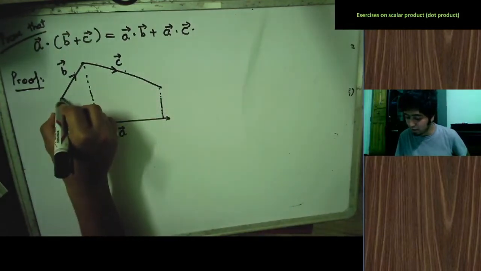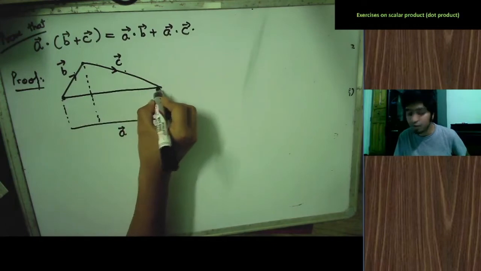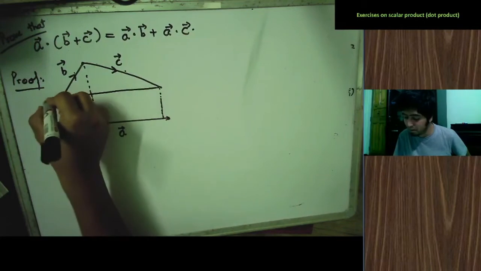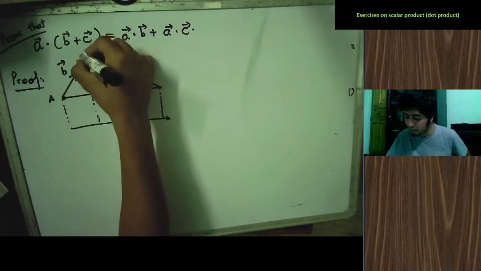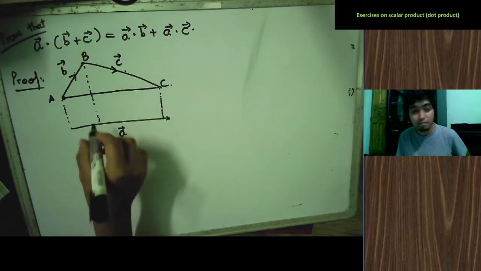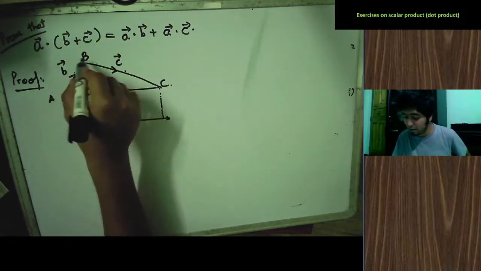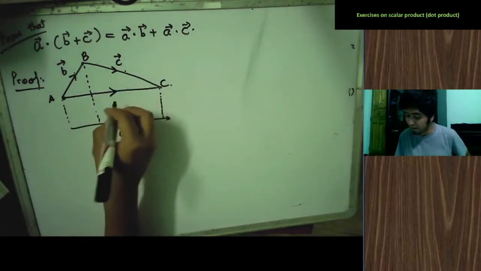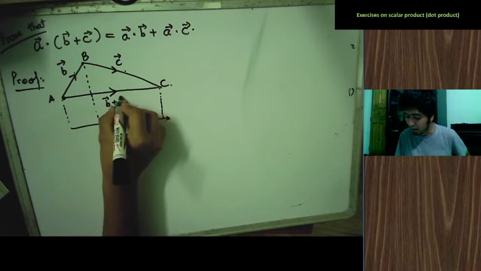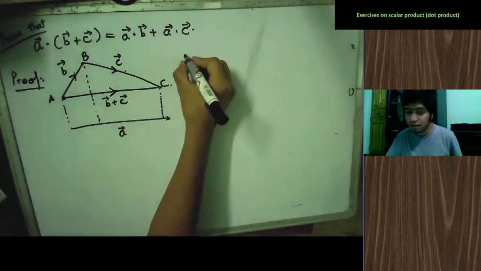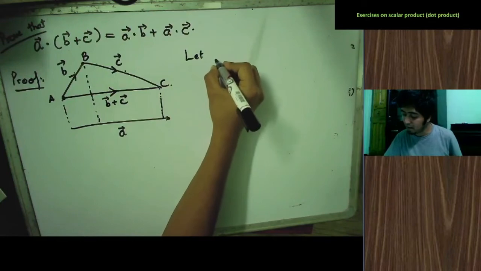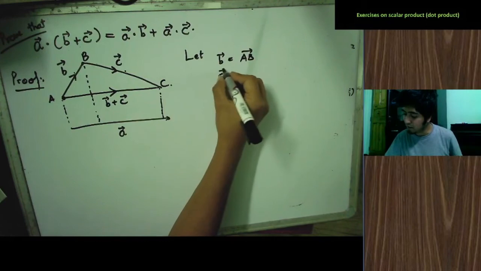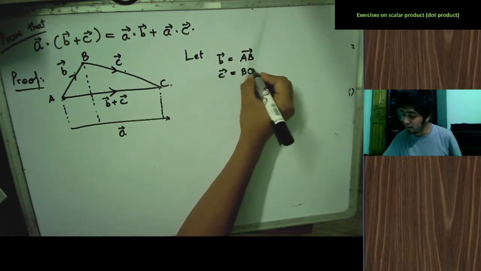Now join the endpoints. If you join this endpoint, how much will it be? By the triangle law, AB plus BC will give you AC. So this vector will be B plus C. So the proof starts like this. Let B bar equal AB, C bar equal BC.